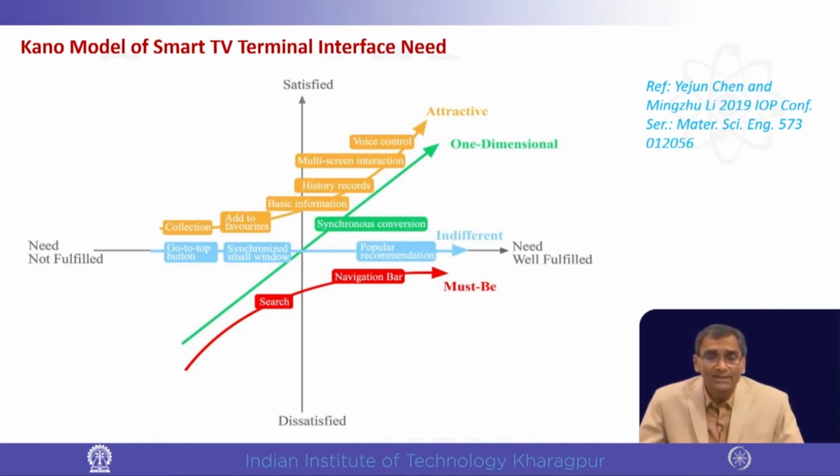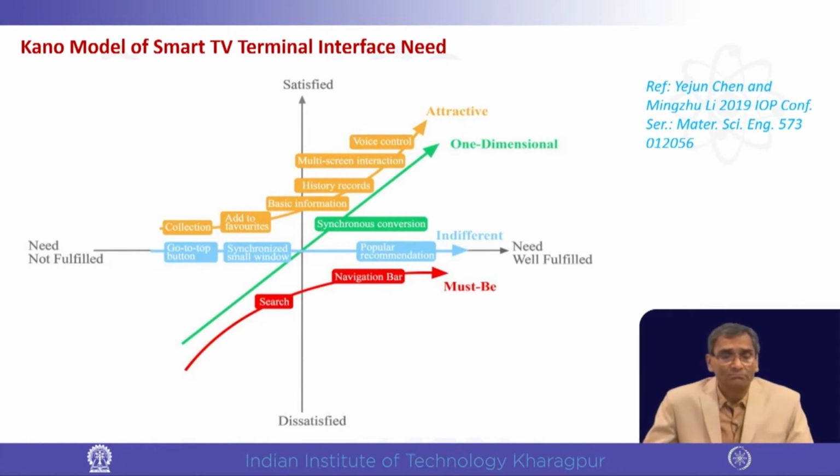Then let us talk about the delighters, which are in yellow. That is collection, add to favorites, basic information. People are happy, people are satisfied, and the more it gets added, which attracts them, the more it increases.